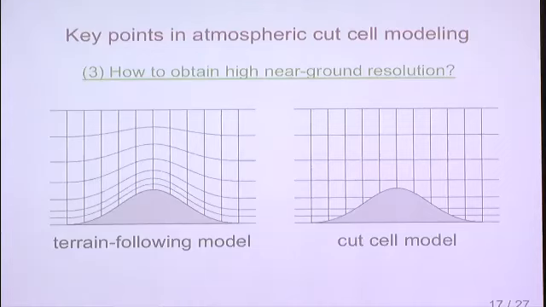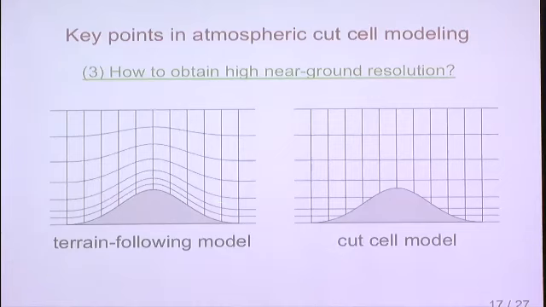So the starting point is how to obtain high vertical resolution near the boundary. It is important to resolve the boundary layers, and also important to put enough fine resolution near the topography.